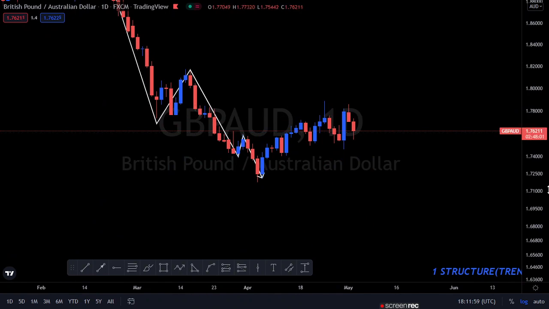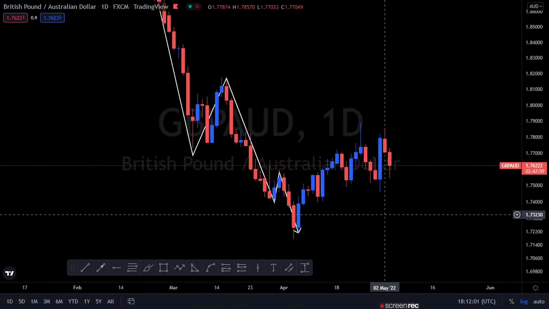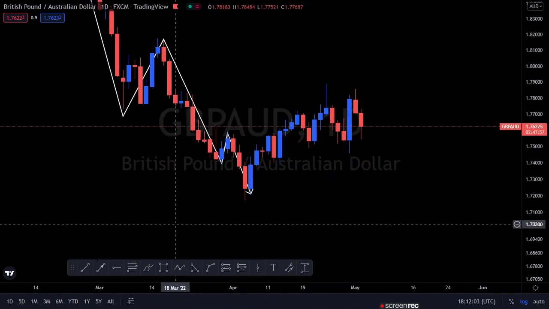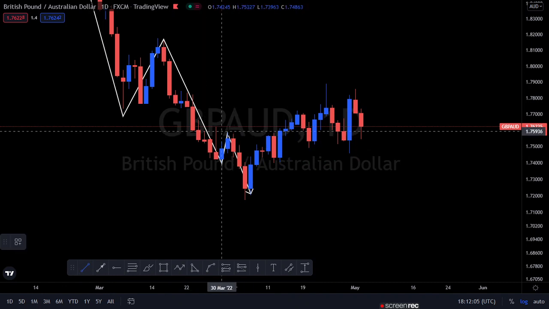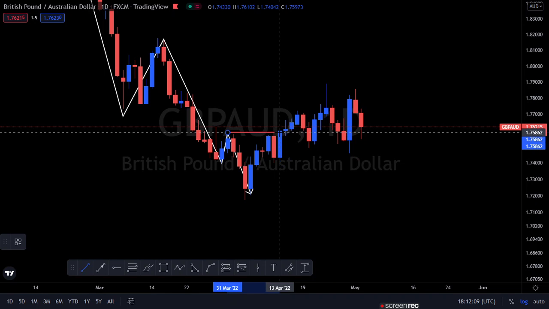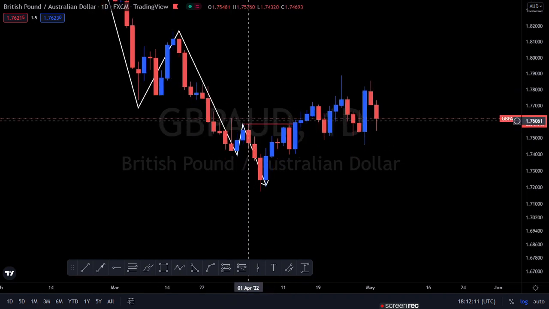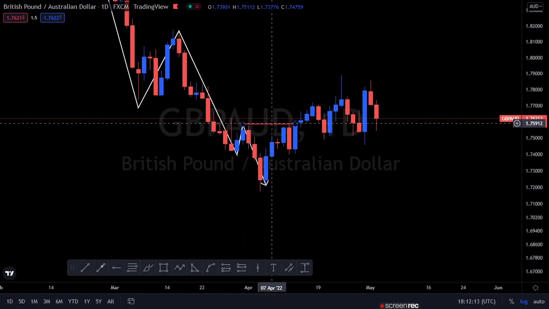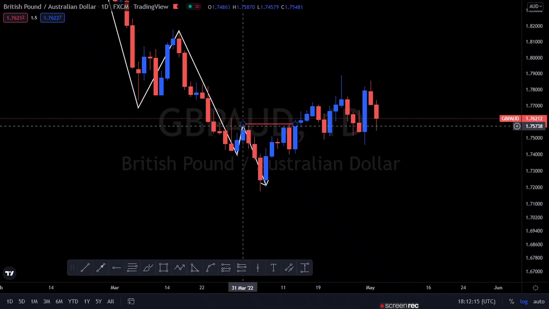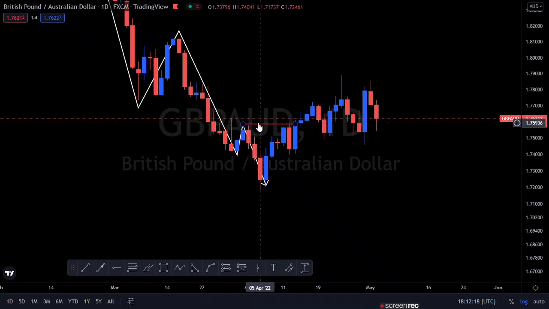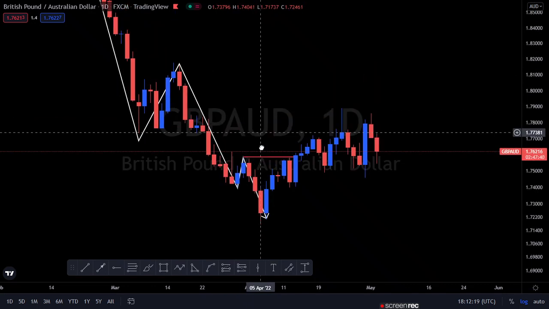I told you in the market structure video that we can say the structure has changed, from bearish to bullish, only if the last lower high is broken.